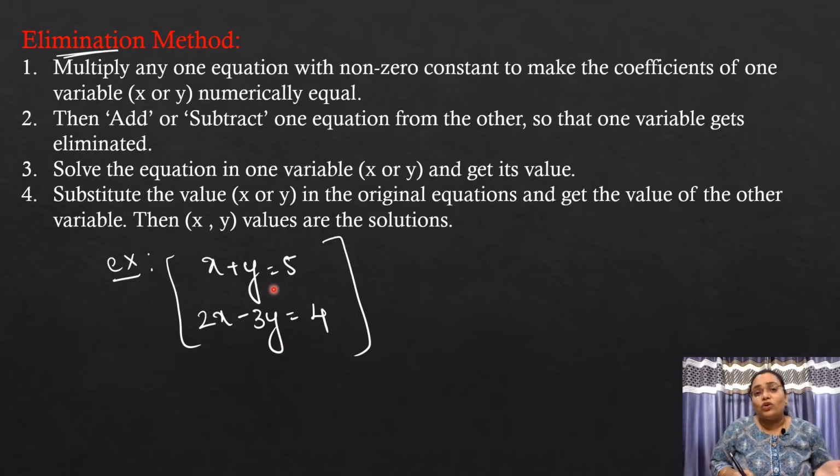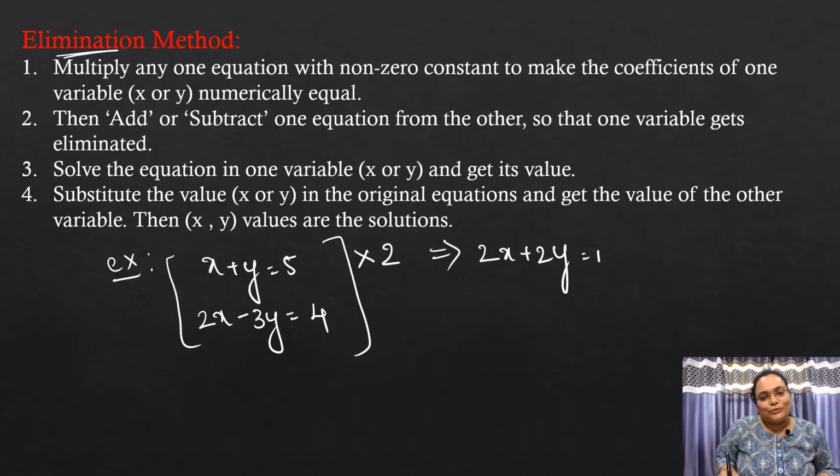So to make the coefficients of the variable equal, we will multiply the first equation with 2 because I'm trying to eliminate the x variable. So I'm multiplying the whole equation with 2 so that you will get 2x, so that we can eliminate the variable x. So you will get 2x plus 2y is equal to 10.